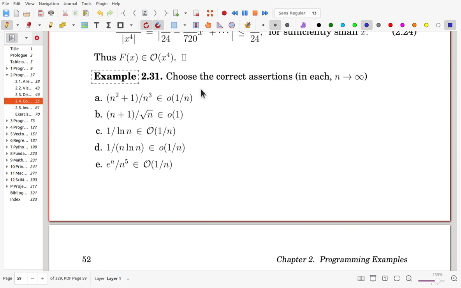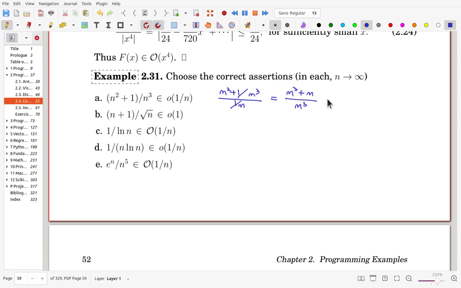To check it, we have to check the ratio. n squared plus 1 over n cubed, this is alpha n, this is beta n, 1 over n, right? So it can be written in this way: n cubed plus n divided by n cubed, right?